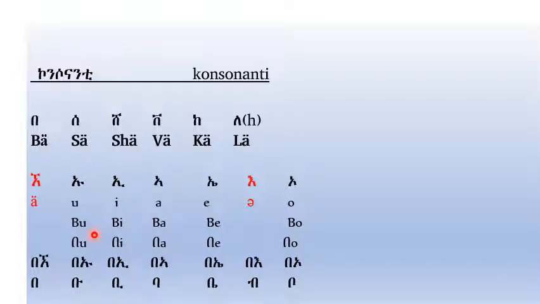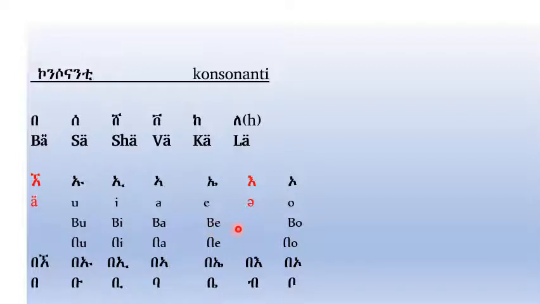Okay, we take B first. First we write the whole B's in Swahili. This is what we have in Swahili. B-U, bu. Sorry. Ba-U, bu. Ba-I, bi. Ba-A, ba.